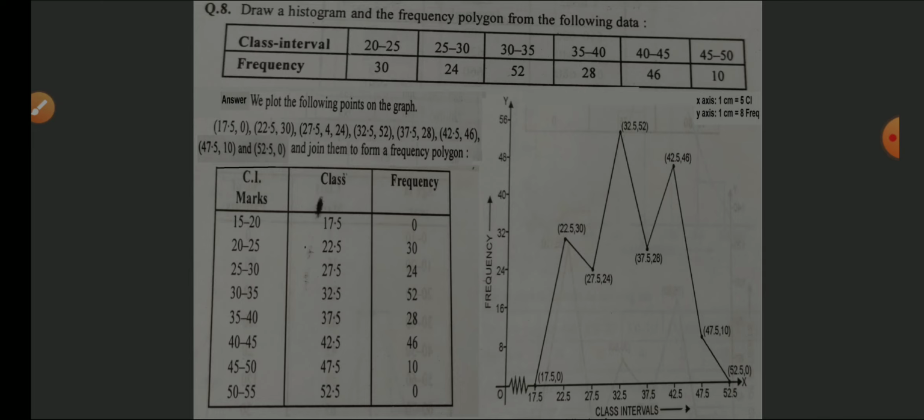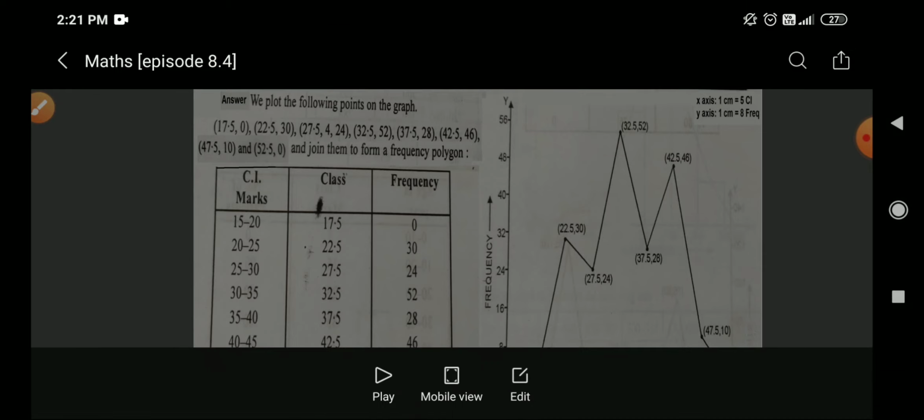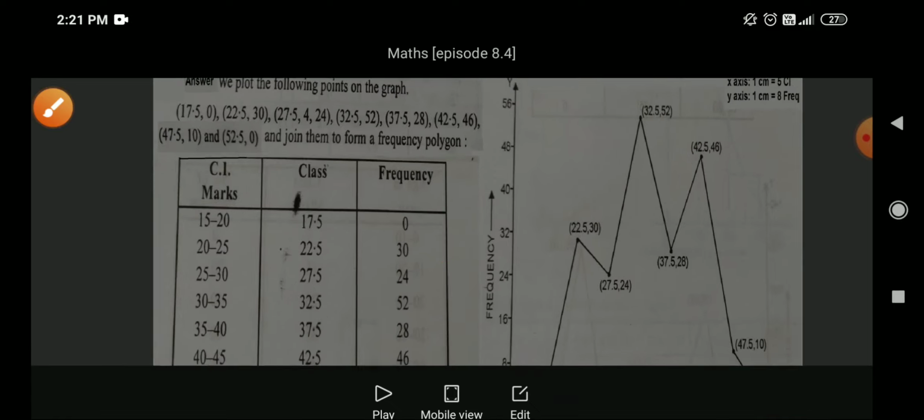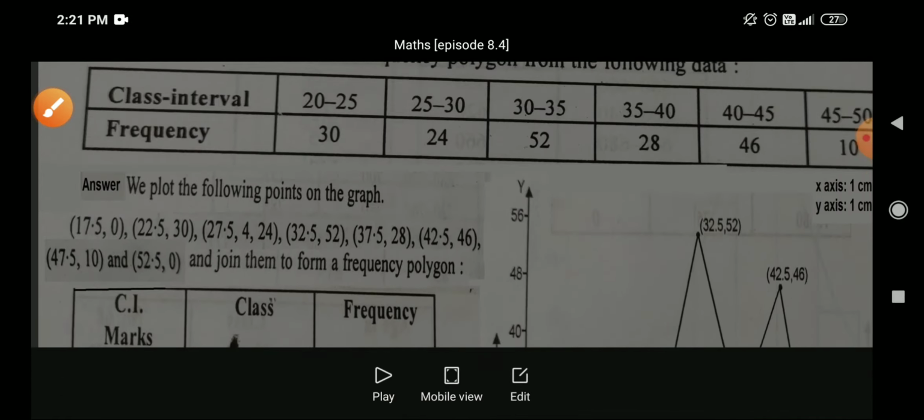20 plus 25 is 45. 45 divided by 2 is 22.5. Keep on doing like this, and you get 17.5 up to 52.5. One thing I want to show you: here it starts from 20 to 25 and the ending one is 45 to 50.